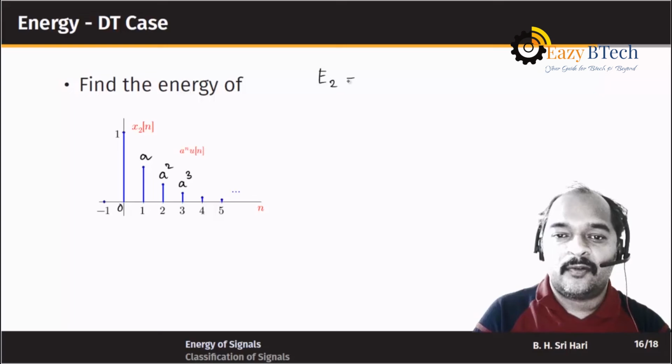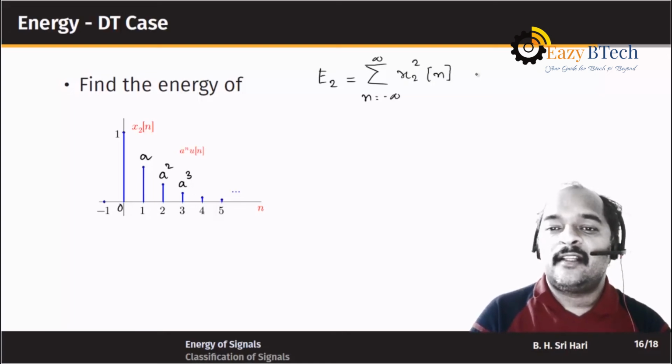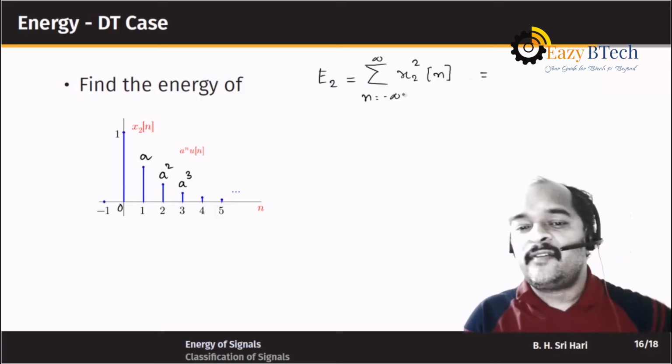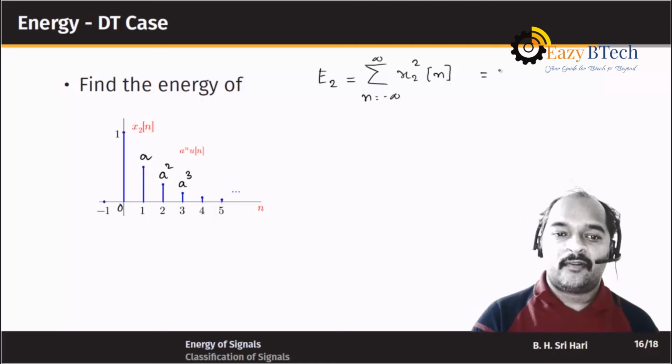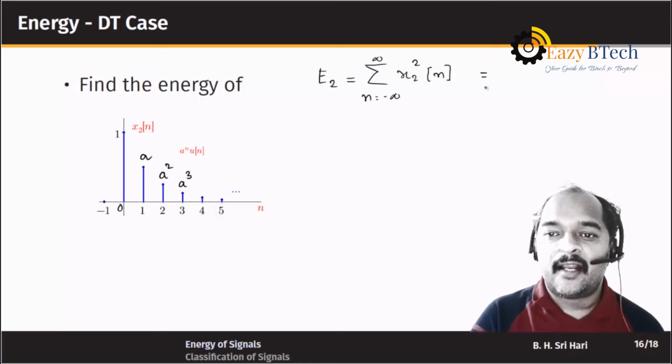Let us call that E2, and again that would be equal to the summation from n equal to minus infinity to infinity. Because the signal is real, we will take just the first equation, which is nothing but x2 square of n. So you have to square and add, but the signal starts only at 0. At 0 the value is 1.